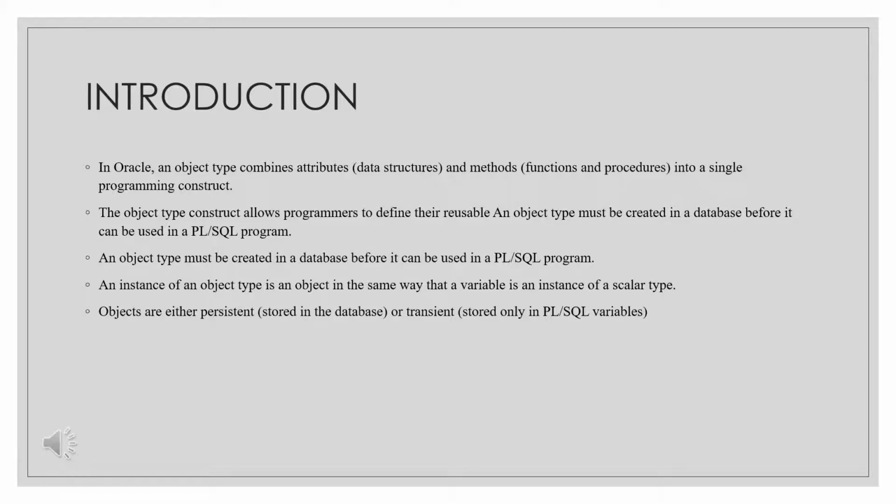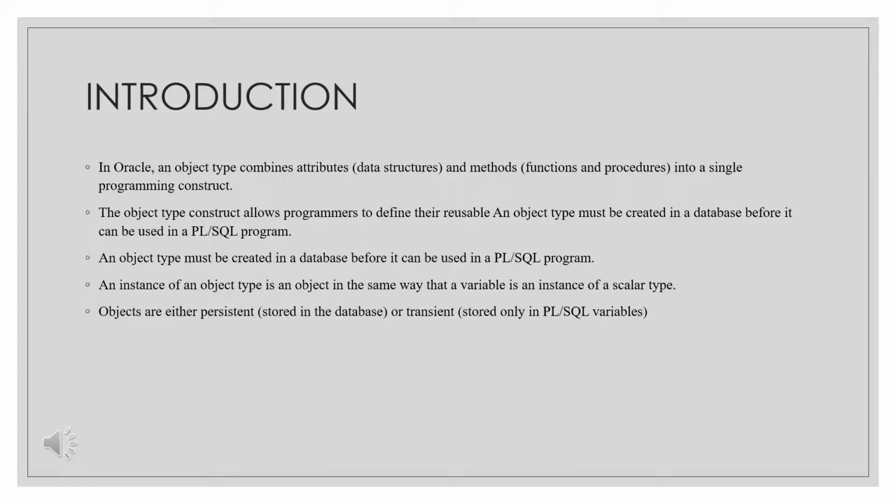An object type must be created in the database before it can be used in a PL/SQL program. So first you have to create an object type in the database, and then it can be used in a PL/SQL program. An instance of an object type is like an object in the same way, or a variable which uses the blueprint, the object type, to create itself.